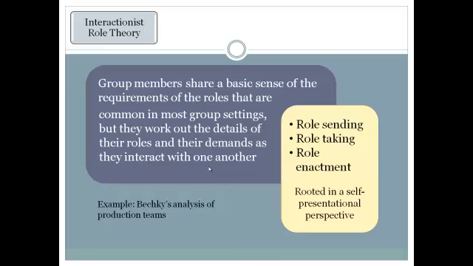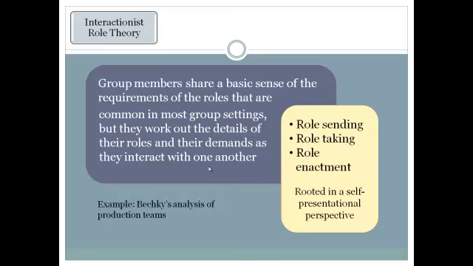For example, we might want to portray to others the kinds of roles that we want to have. We might portray to others the kinds of roles we expect them to play. So with role sending, you're sending information to your fellow group members about what roles everybody should be expected to play.